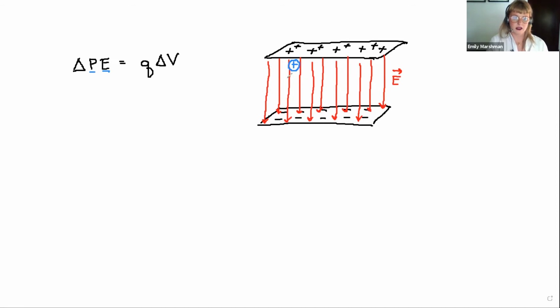Okay. So as this thing moves down through this electric field toward the negative plate, it's going to have a change in its potential energy.